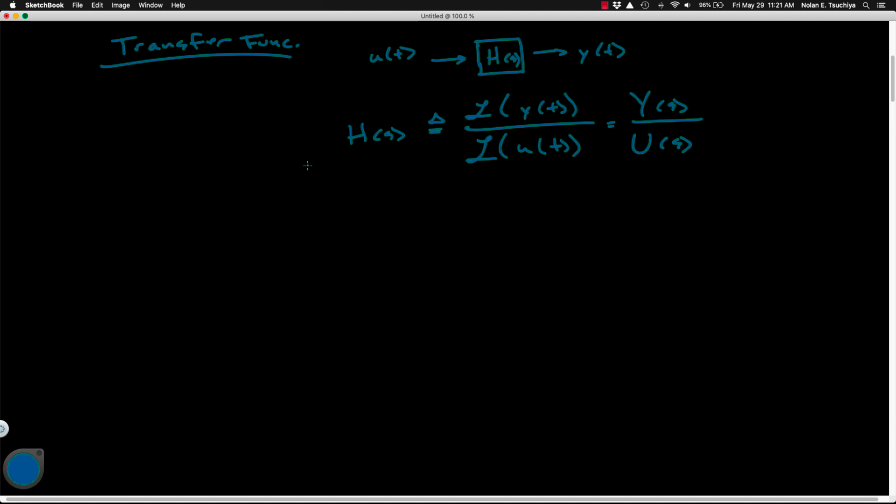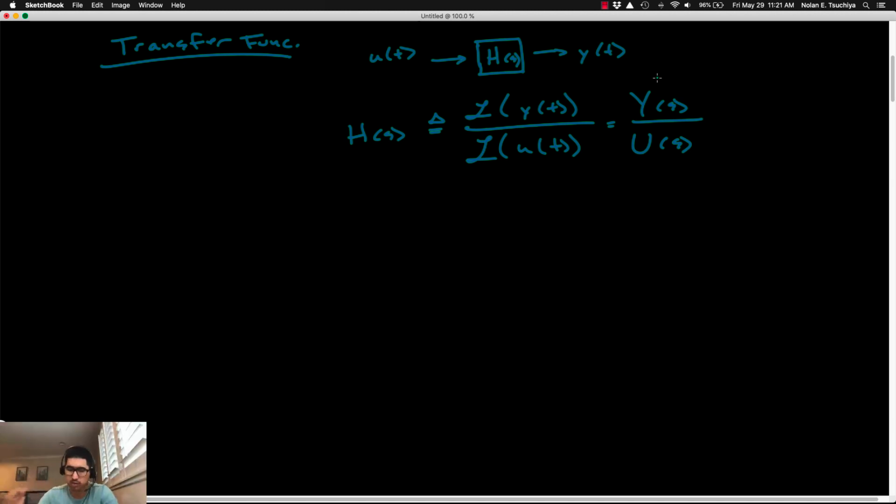One more time: the transfer function definition is the Laplace transform of the output divided by the Laplace transform of the input, with one special caveat. We're going to assume zero initial conditions. And that's very critical because the transfer function aims to capture the pure dynamic behavior of that system.